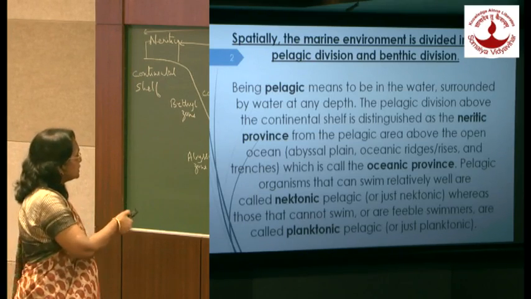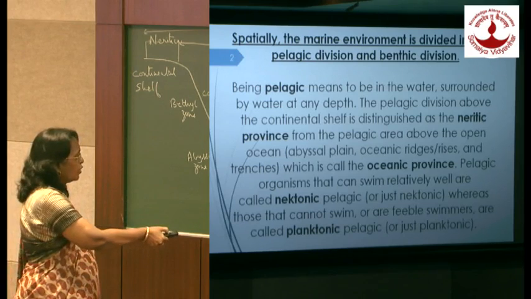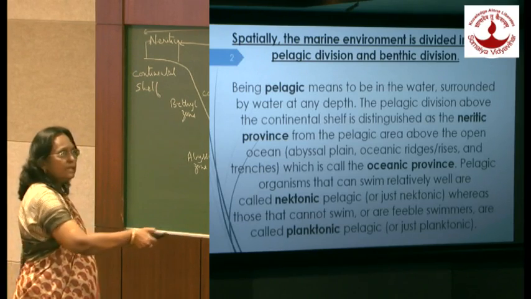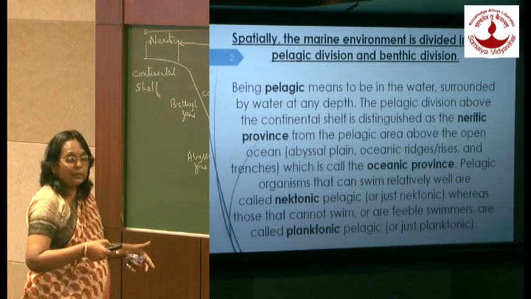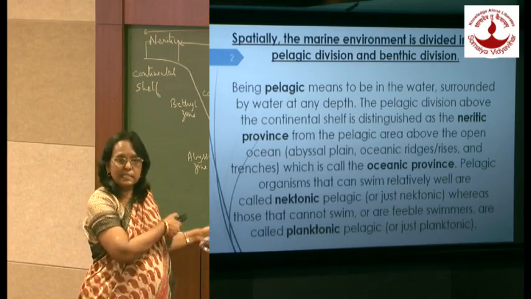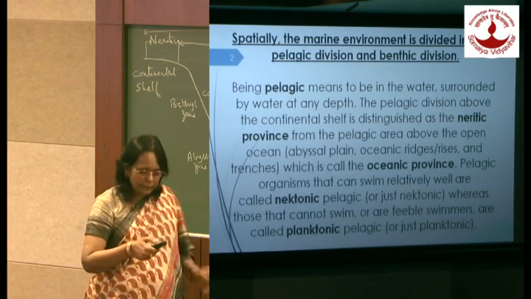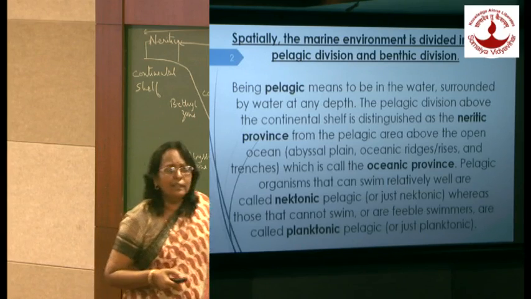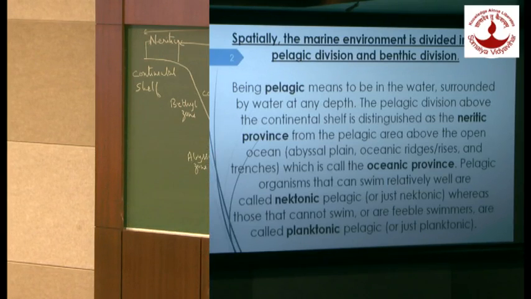Now this slope then forms what you call as the sea floor. Now just tell me, this sea floor, what do you imagine it to be? Is it a plain mass of land, or there could be certain mounds, there could be certain trenches which are present.